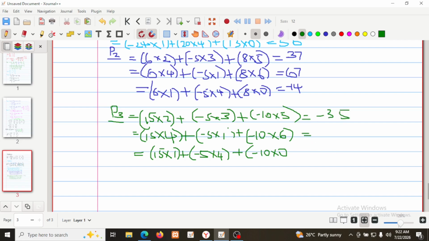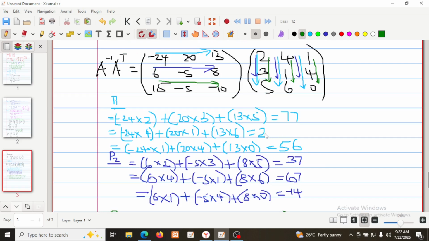Then this one you are supposed to get negative 5. Then this one you are supposed to get negative 5. Now we have to create a matrix. So this colored part will form the first row.